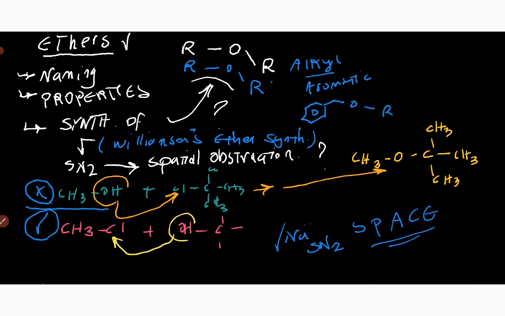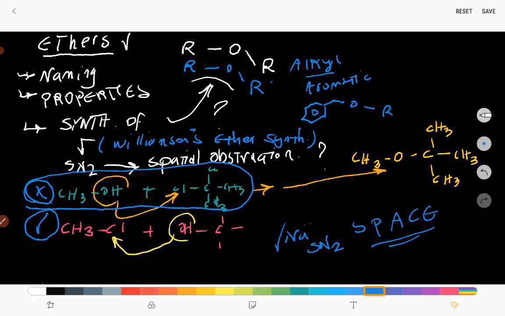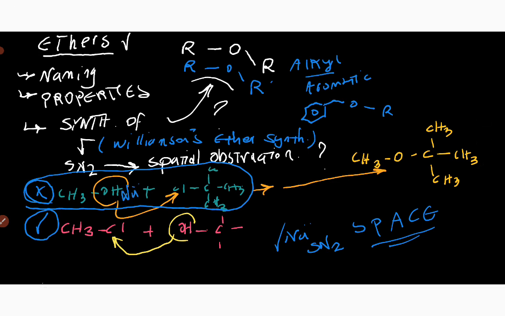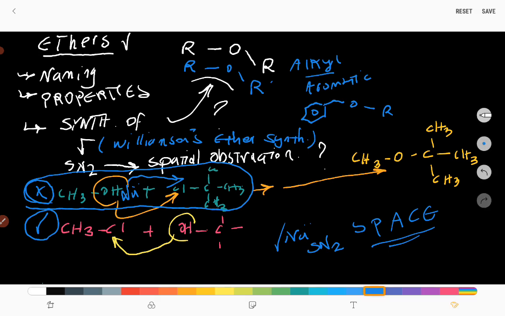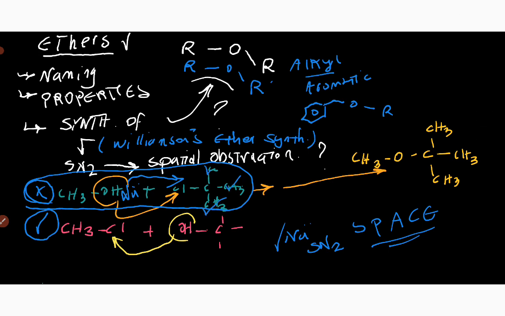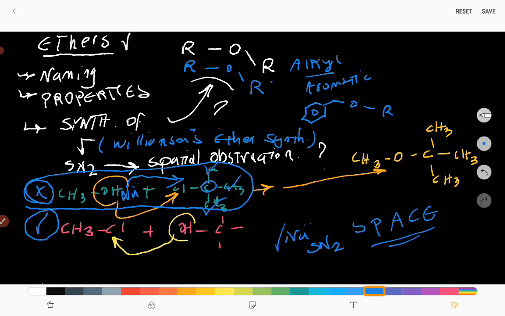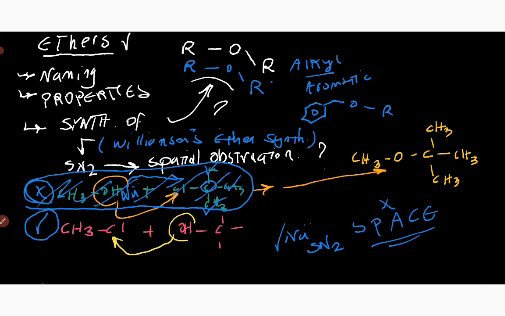In this reaction, when this nucleophile wants to attack, you can see you have three methyl groups around the carbon, and you don't have enough space, so the reaction will not happen.